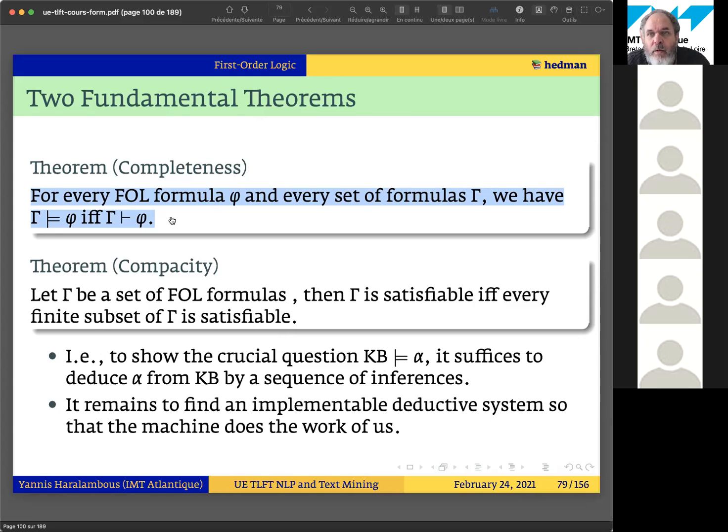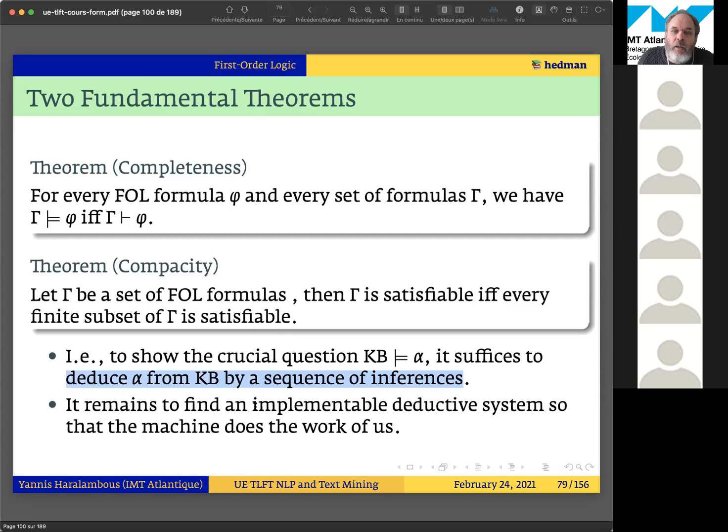And these two are equivalent. So to show whether this crucial question is true or not, I just need to deduce my formula by a sequence of inferences, or show that I cannot deduce it by a sequence of inferences.